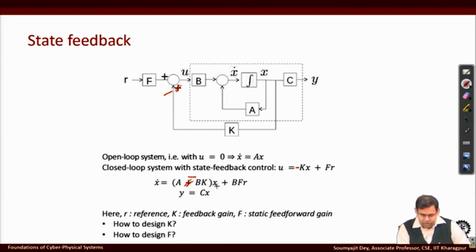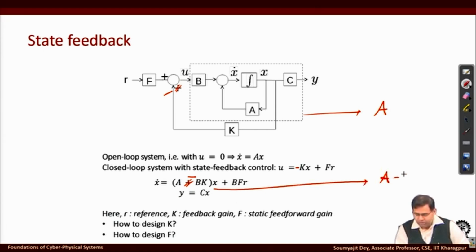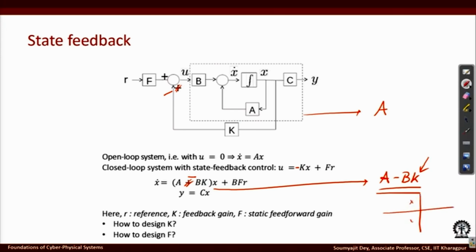So the point I was trying to make is, for the open loop the dynamics is dictated by a, for the closed loop the dynamics is dictated by a minus bk, right. The trick in this entire situation is you design k in such a way that for the matrix a minus bk you should have the poles located at suitable positions so that you get the desired behavior.